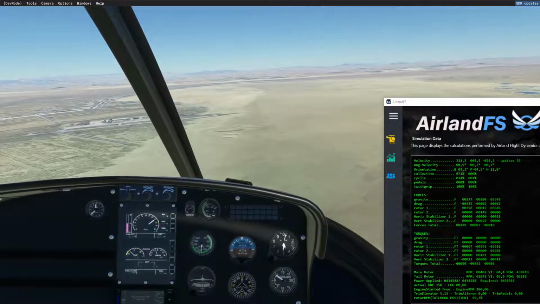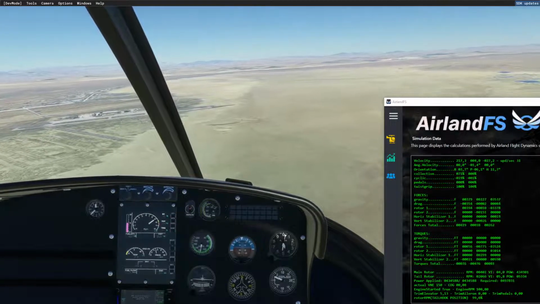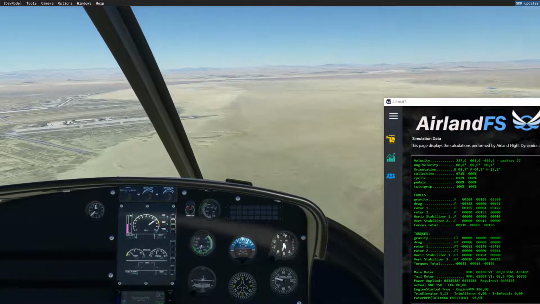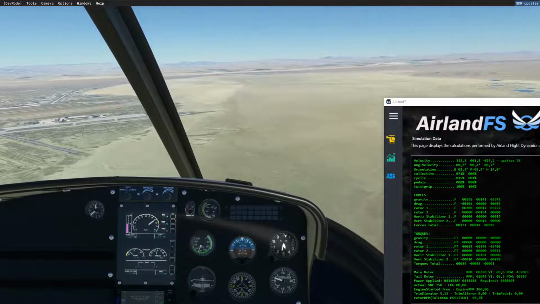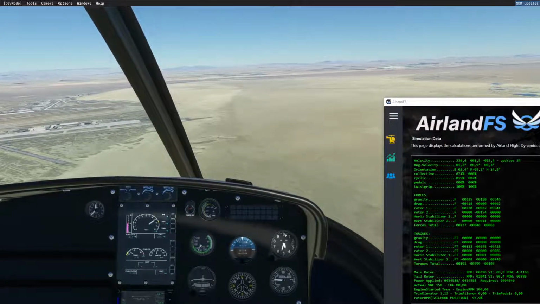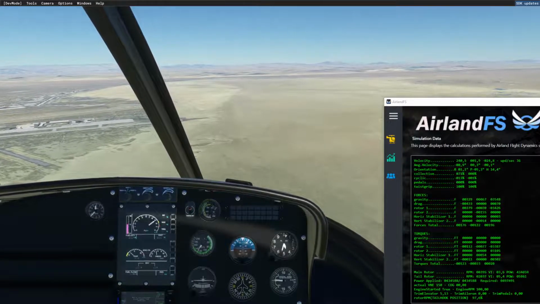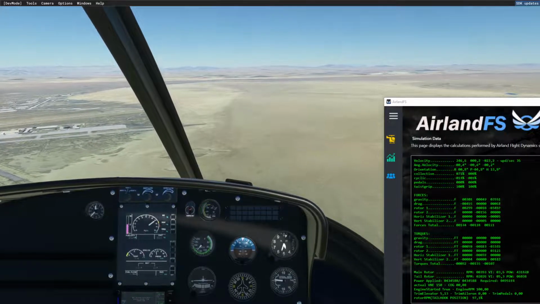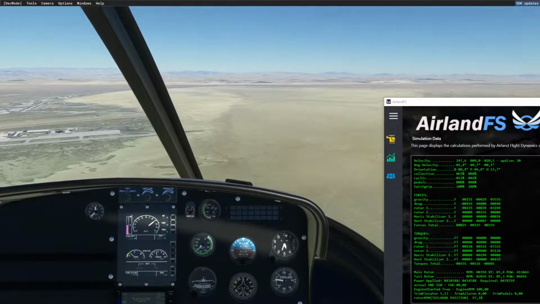So the way to climb, if I want to climb staying at 120 knots: you see here, as I get to 120 knots, I'm not climbing anymore. So if I want to climb, say, at 1,000 feet per second, what I want to do is increase the collective. I have a little too much collective here.